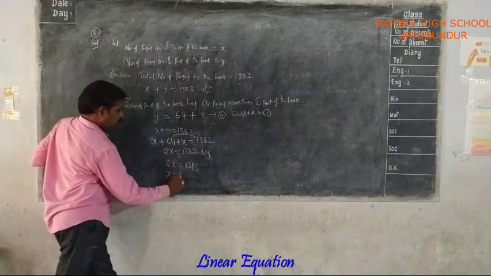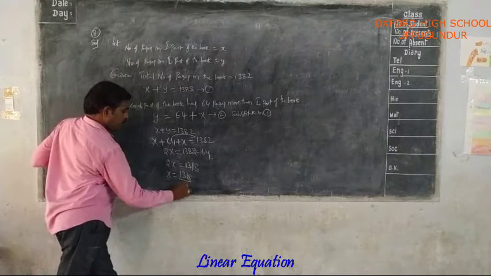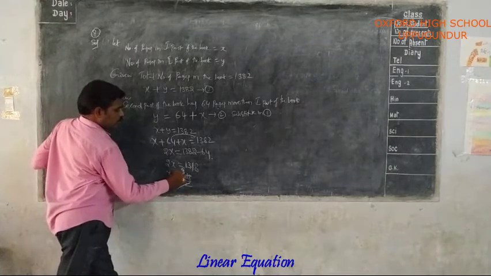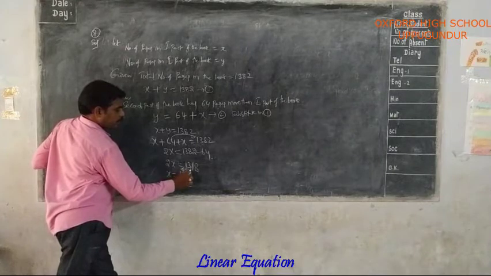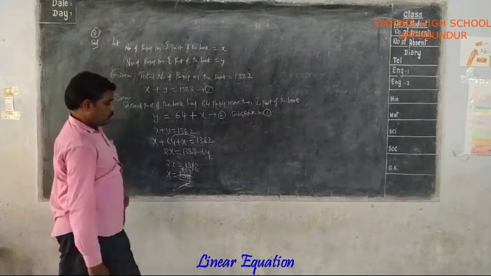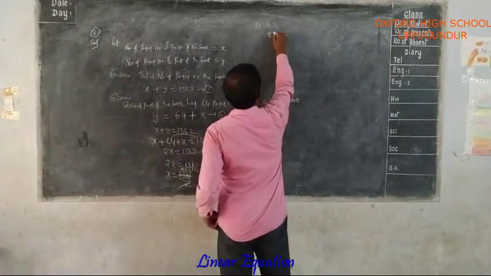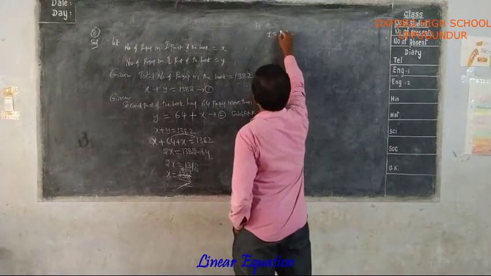X equal to 1318 by 2. So x equal to 659.